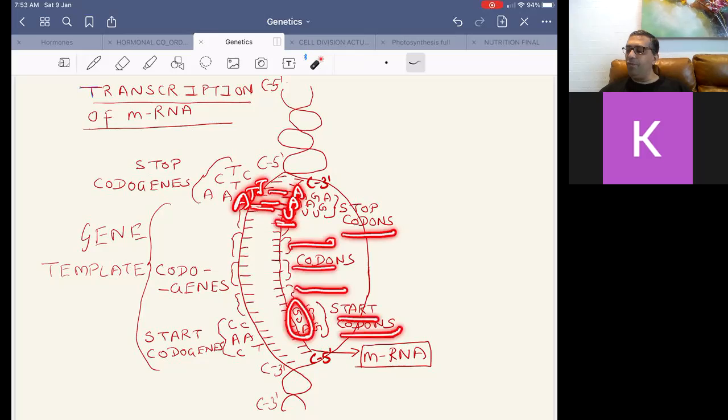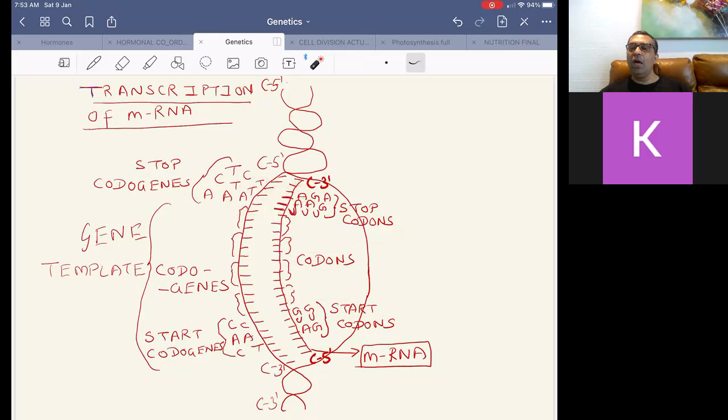And then you have UAA, which will be the stop codon. It will stop protein synthesis. As a matter of fact, there are three stop codons. You have UAA, or UAG, or UGA. Any of these three codons will act as a stop codon.